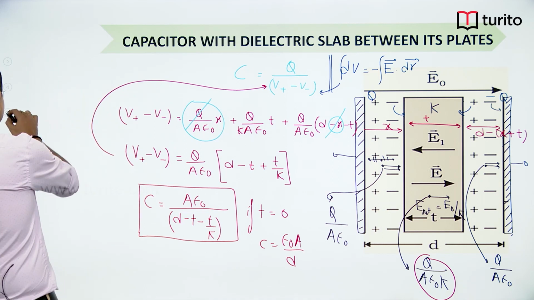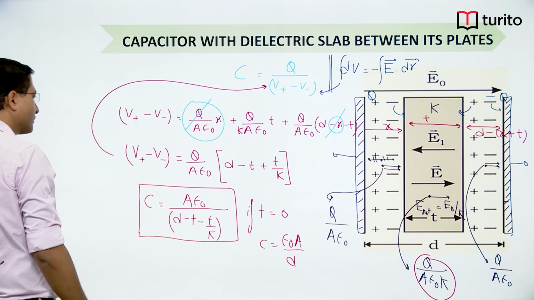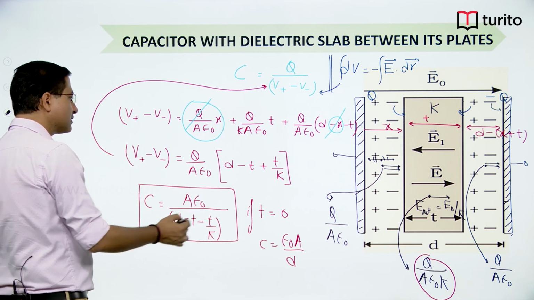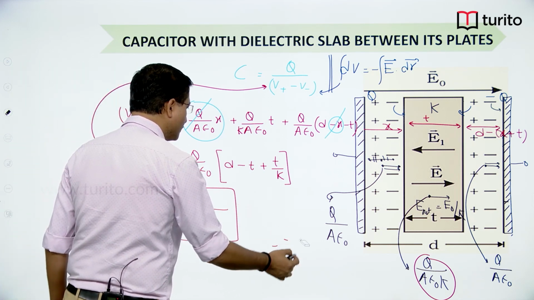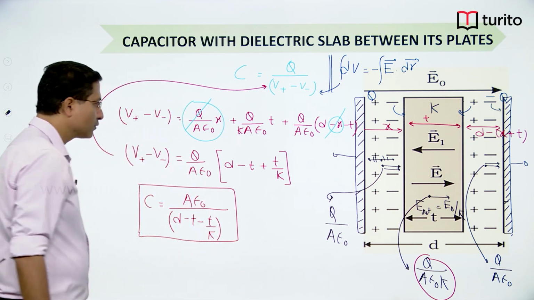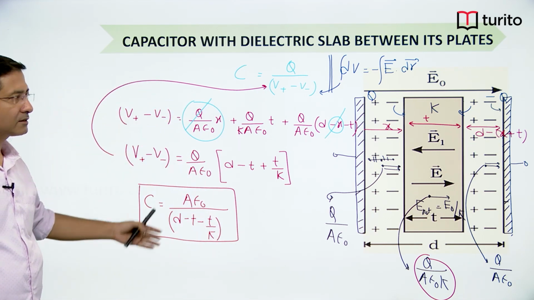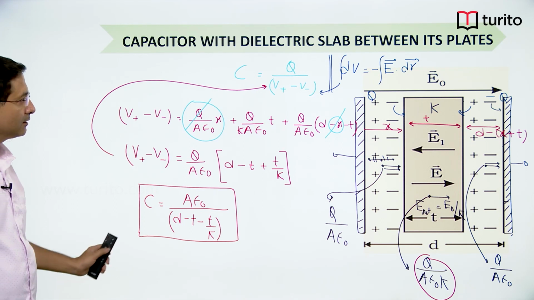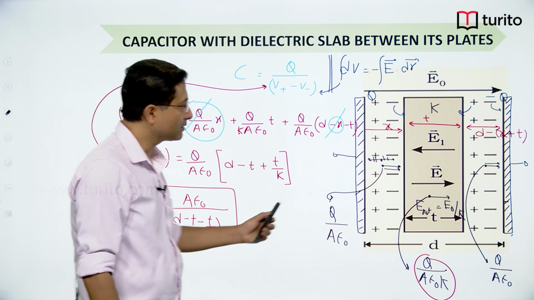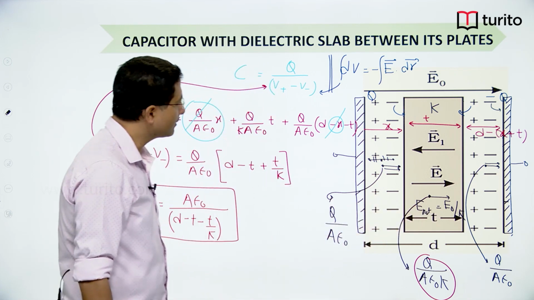And when a plate is placed inside, this is the formula. So I hope the whole expression is clear. Now let's see some situation so that this formula will get more clear.